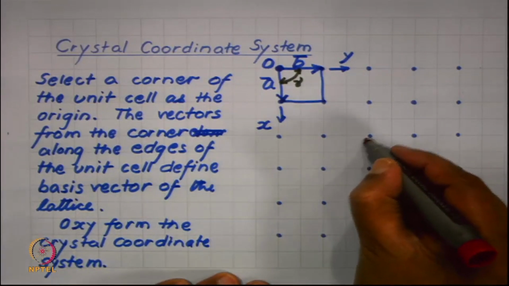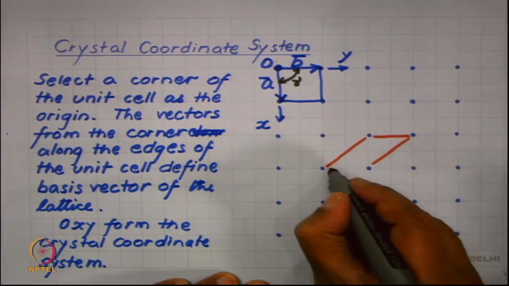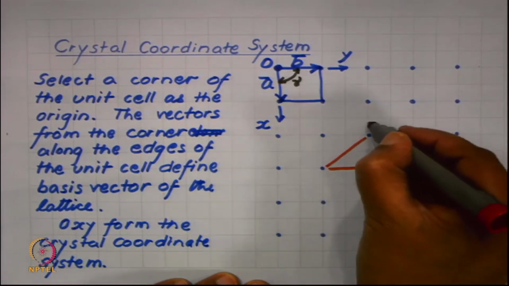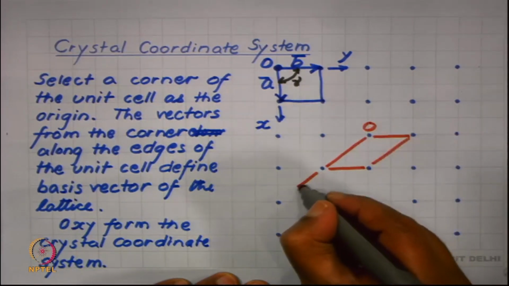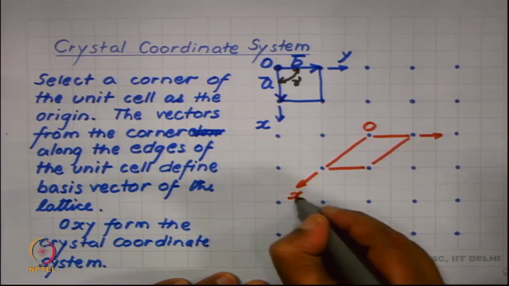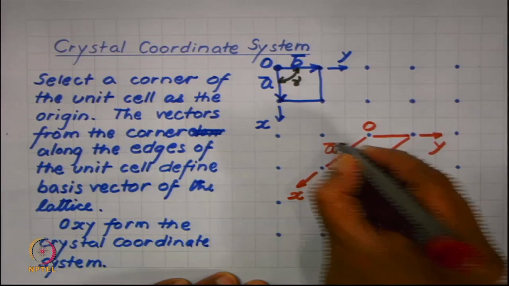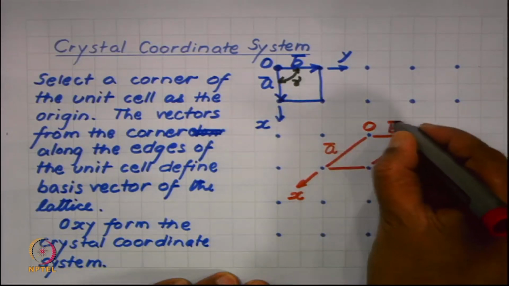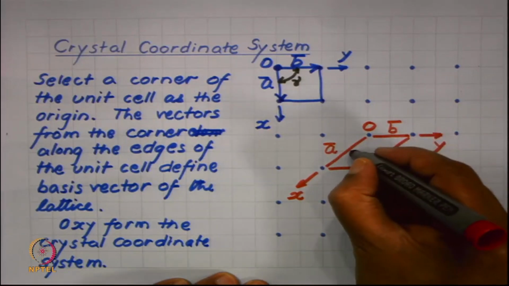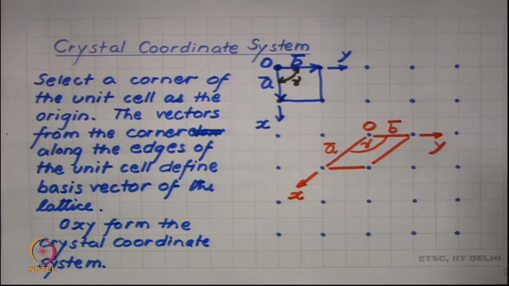So, if we select a different unit cell, for example, this parallelogram unit cell, then my x and y are no more orthogonal, my a and b are also not equal, and the angle gamma is not 90 degree.